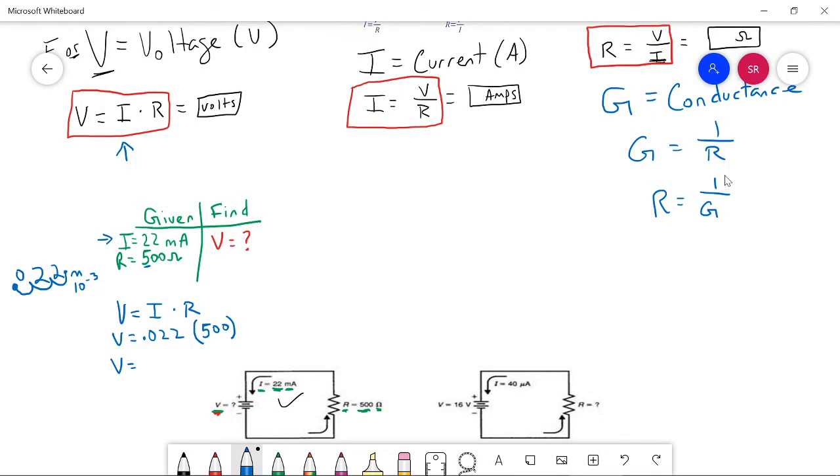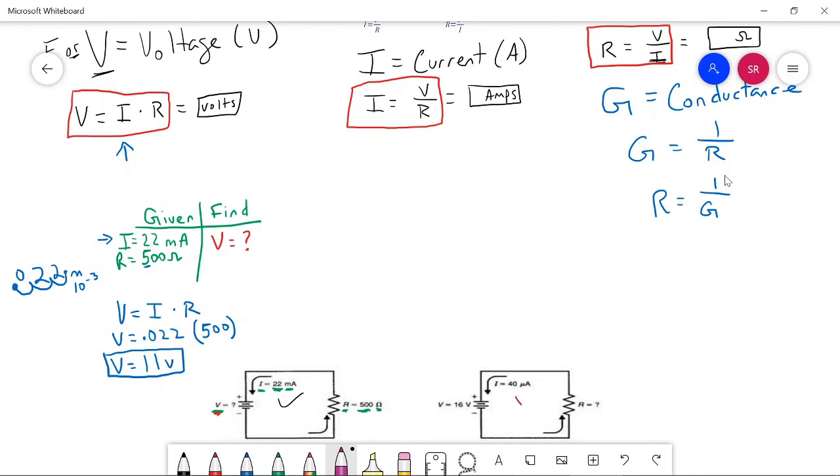Can you tell me what it is? I got 11 volts. Can you verify that for me? Did you get 11 volts as well? I hope you did. So this is the proper way to solve a circuit using Ohm's law.